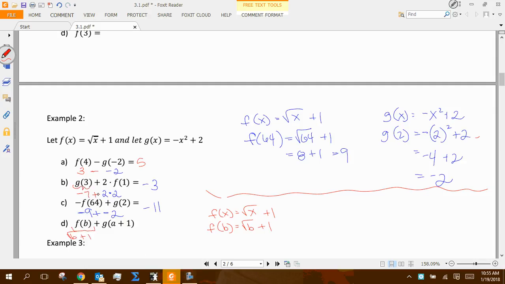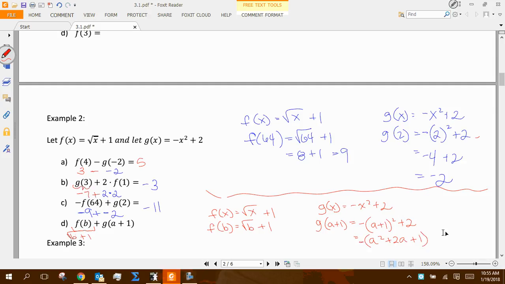The next part says g of a plus 1. Well, g of x was the opposite of x squared plus 2. Now that x, that input, is a quantity. So I'm going to have this negative, and then my a plus 1 squared plus 2. Now, a plus 1 squared means a squared plus 2a plus 1.